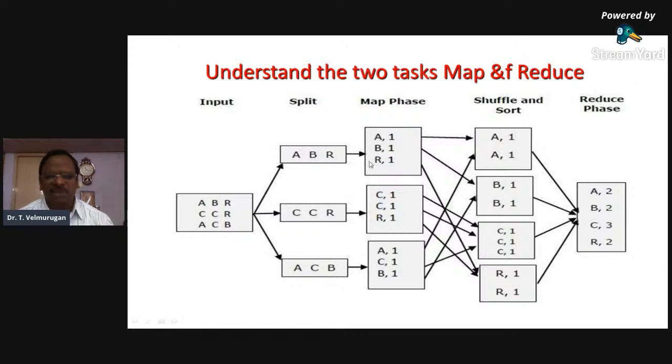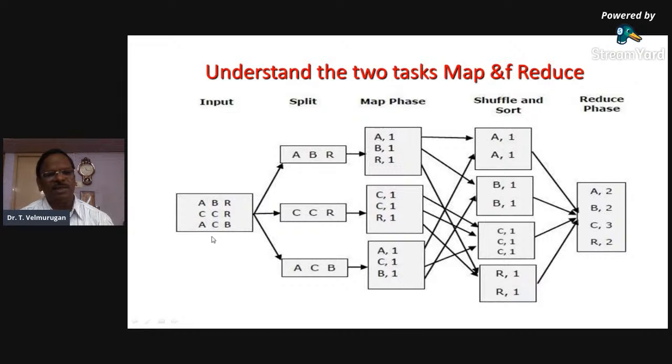Why do we require this kind of map and reduce, split, map phase, shuffle phase, these 3 phases? Directly we can write the reduce phase by referring to this input characters. Why is it not possible, sir? Here only 3 lines and 9 characters are available.